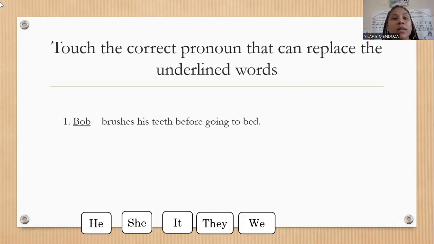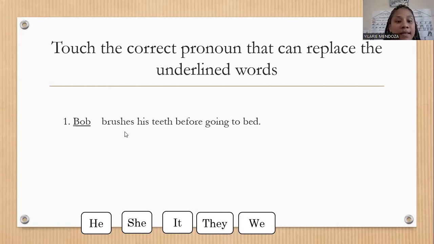In this exercise, you choose the correct pronoun that can replace the underlined word. Example: Bud brushed his teeth before going to bed. In this, Bud is a noun. You replace it with a pronoun.